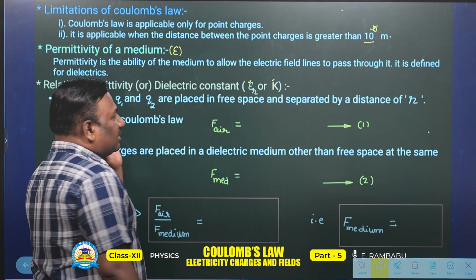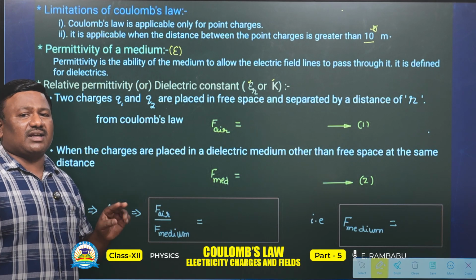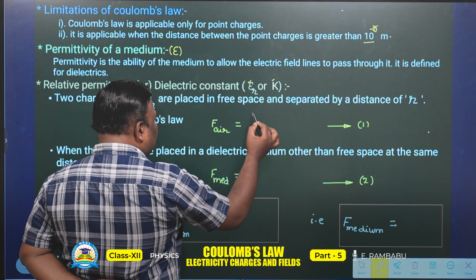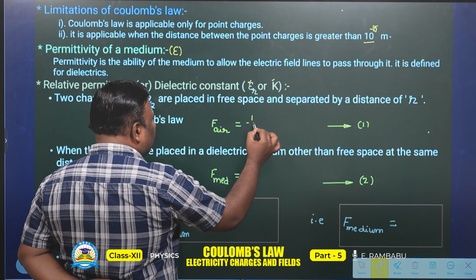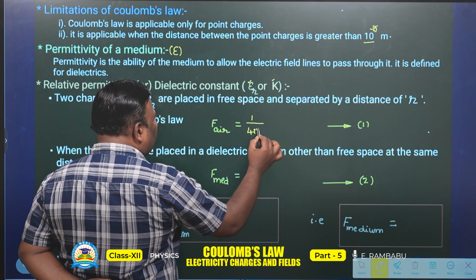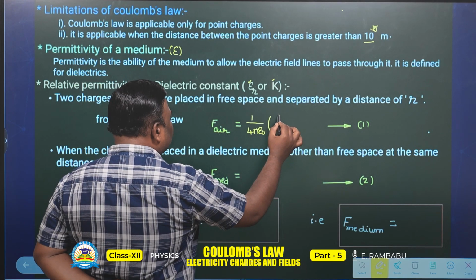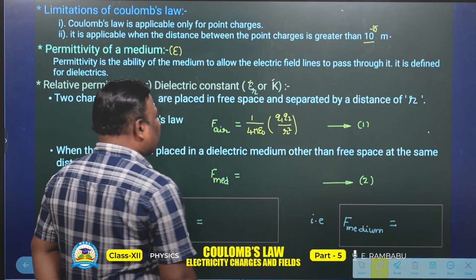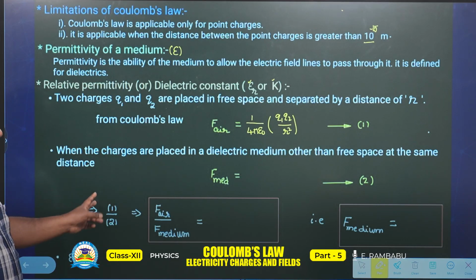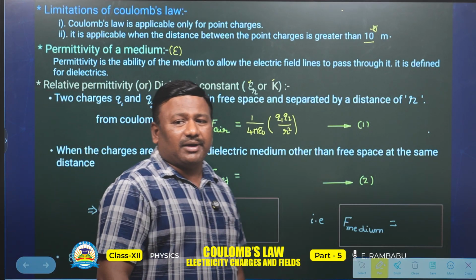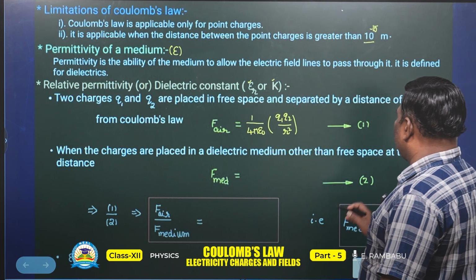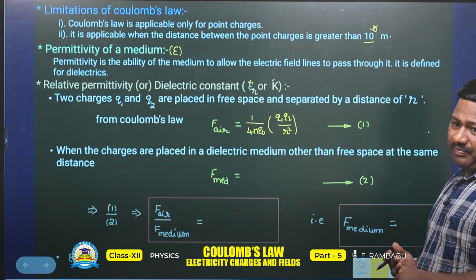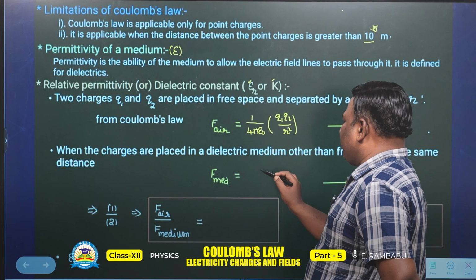Here I consider two charges. First, those two charges are placed in free space. Then the force between the two charges, according to Coulomb's law, is 1 by 4 pi epsilon naught into q1 q2 by r square. Again, the same charges are placed in a dielectric medium.